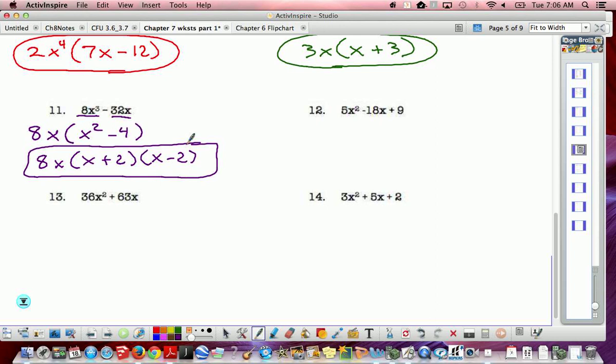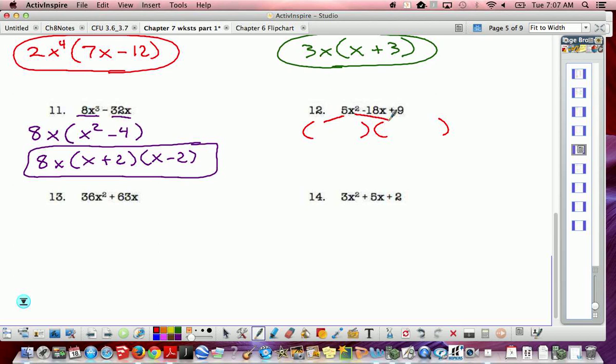Ooh, number 12 is a pretty hard one here. It's probably the hardest one on this sheet, because this is where we have to play a little bit of a game. When I look at this, 5 and 18 and 9 don't share any number in common. However, it still might factor so that I have a binomial times a binomial.